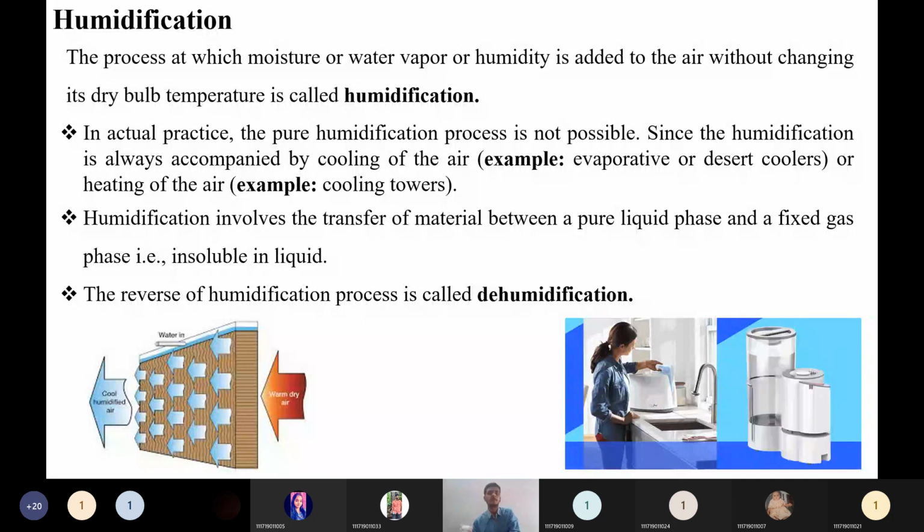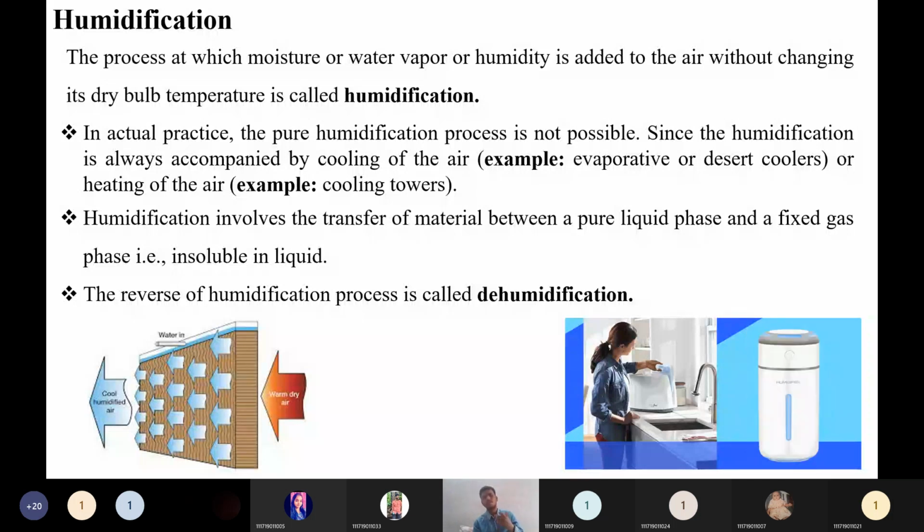So this addition of water vapor or humidity, in general process, what happens? This absolute humidification process is not possible. So in practice, in many conditions, the temperature of the surrounding air will be increasing or decreasing.